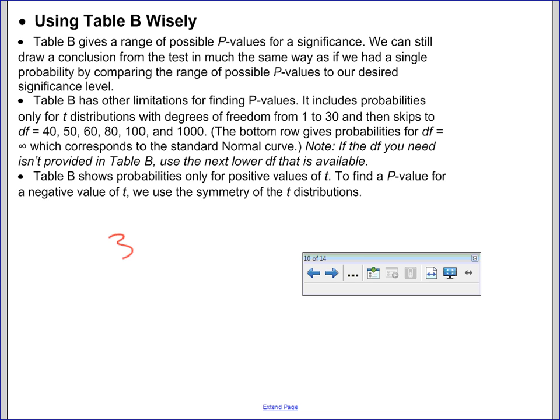So if your sample size was 44, you would use the 40 row of the table. And then you just search for your p-value between two things, and then that's where you know your p-value is.